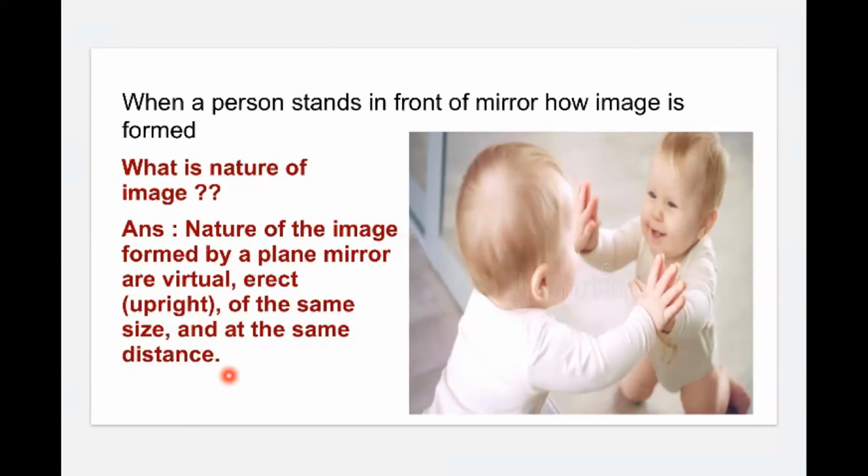If you look at this baby carefully, you can see the image of the baby is upright, which means the head of the baby is seen as the head in the image also, at the same place. Similarly, whatever attire the baby is wearing, the same attire will be seen in the image. You can also say the size of the baby as it is before the mirror is appearing the same in the image also.